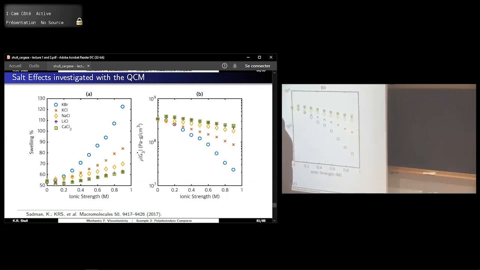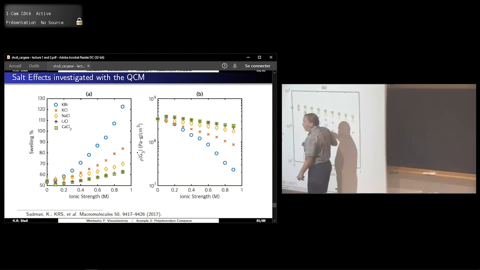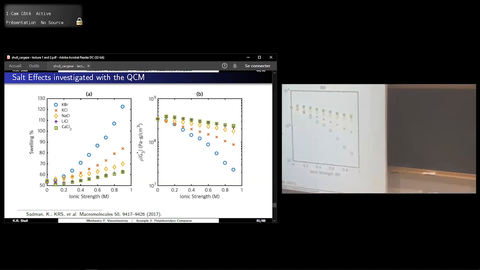That's known to be a good salt for breaking up these interactions. So it brings in more water, and the modulus actually goes down. So these ion-specific effects just tell us how much the counterions like to be in this complex, and then how much water it brings with it when it does that.